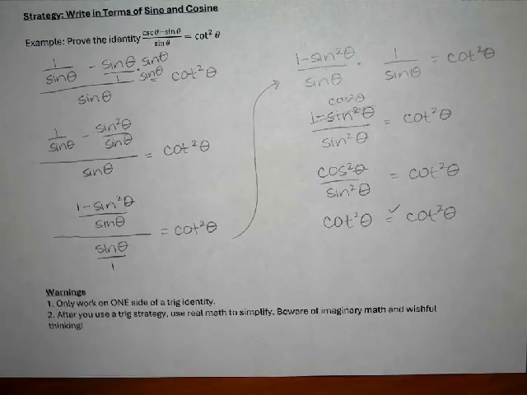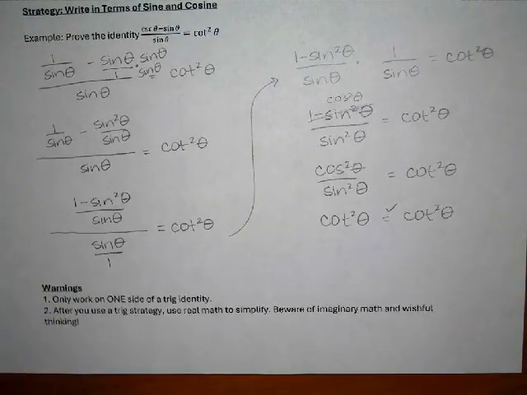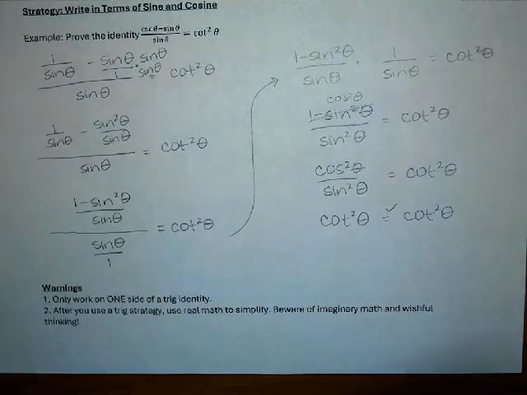Now, one other thing I wanted to point out to you is that when you do these problems, there are usually some ways to do them that are a little bit easier and some ways that are a little bit more difficult. It just depends on how you approach the problem. So I'm going to show you, and don't be mad at me, how the textbook wanted you to do this last example.